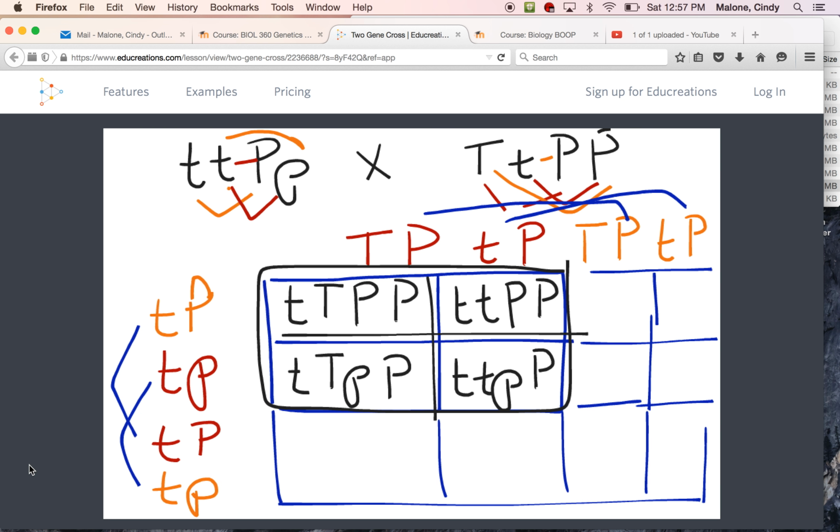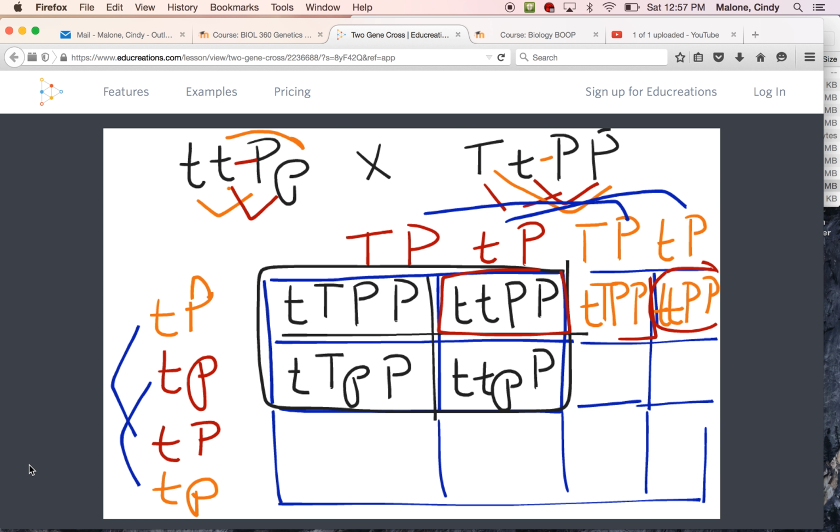Now, if we fill in the other squares that I told you could leave off, bringing this little t over, and big P over, then big T down, and big P down, and little t down, and big P down, you can see that this square is exactly the same as this square.